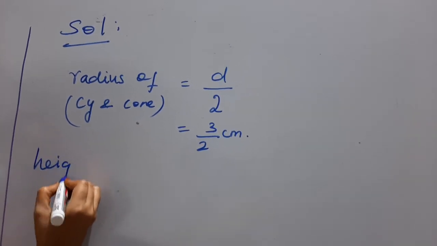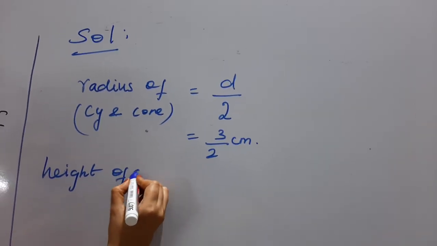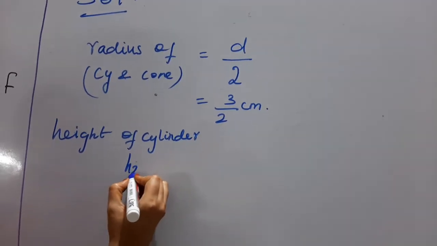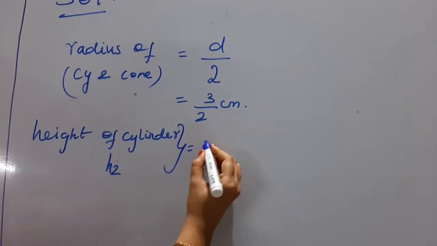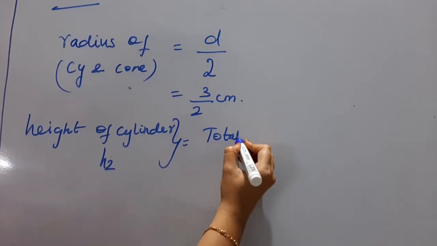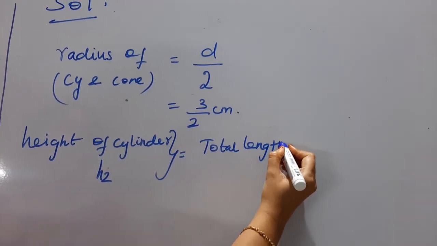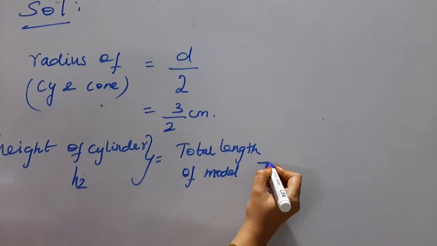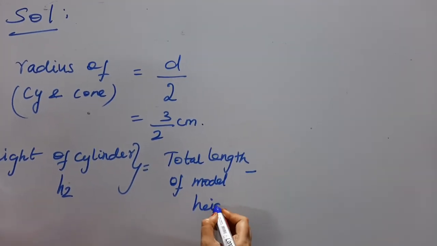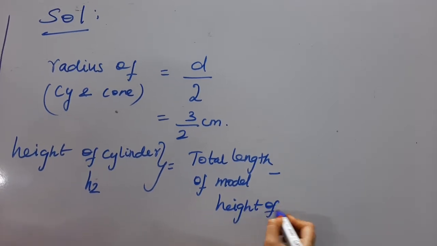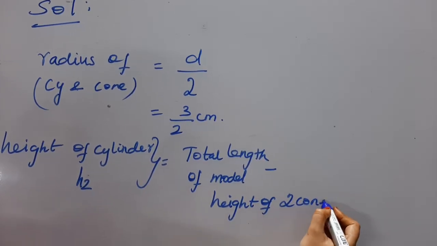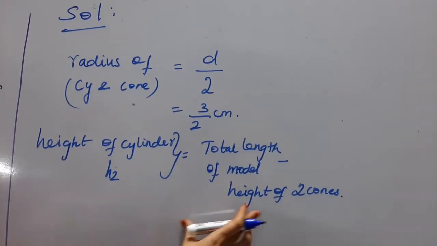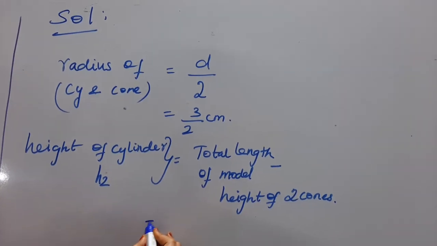The height of the cylinder that we considered as h2 is equal to the total length of the model minus the height of two cones. On both the ends of the cylinder we have cones, right? So we subtracted the height of two cones. What is the total length of the model?